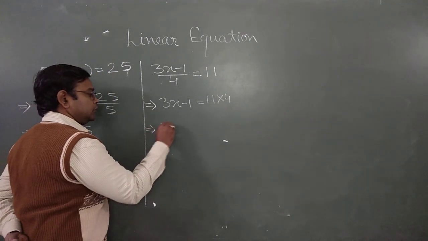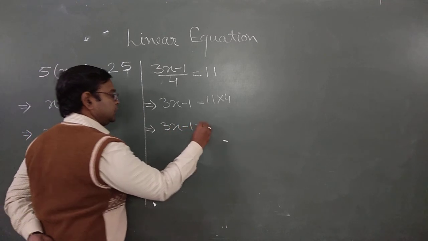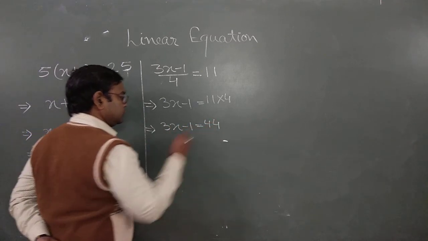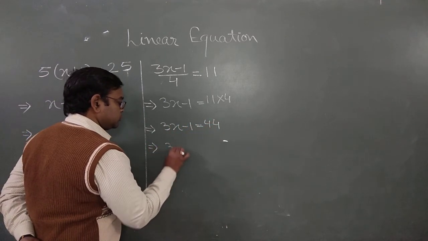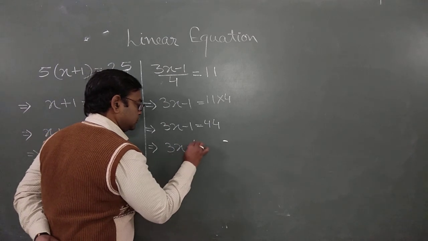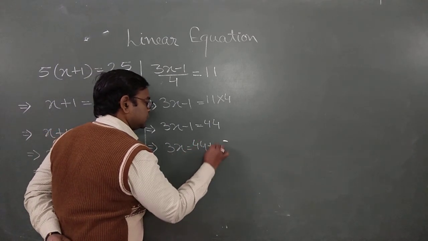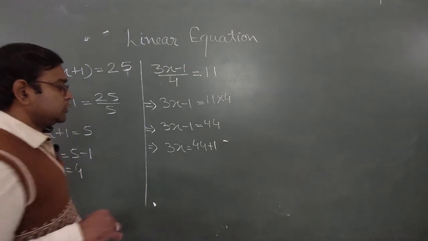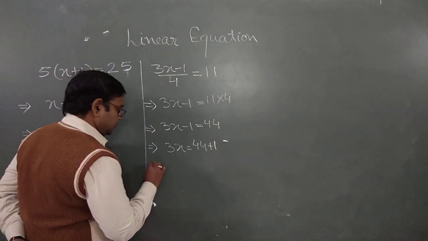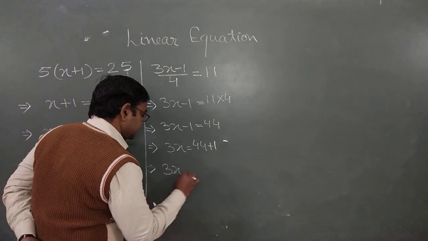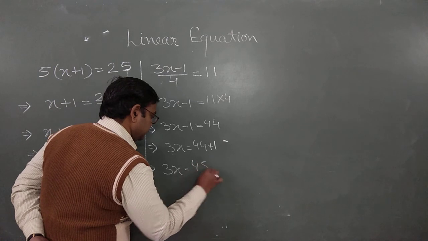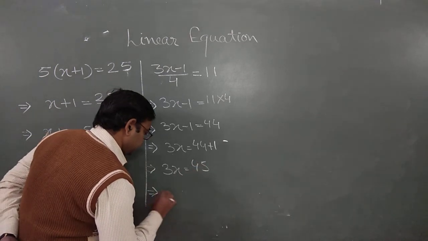Then 3x minus 1 equals 44. Now transpose 1. 44 minus 1 changes to plus 1. 3x equals 45.